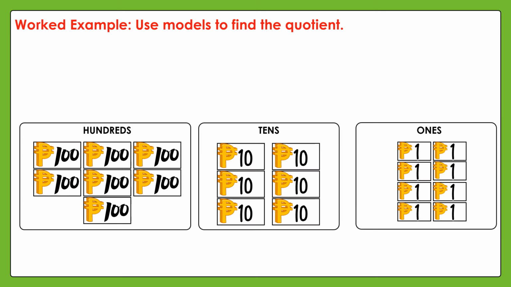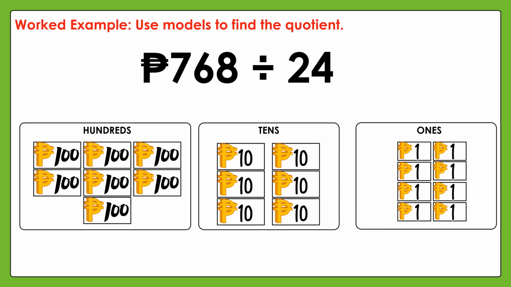Worked example: use models to find the quotient of 768 pesos divided by 24. So we have, for hundreds, we need 700 pesos: 100 pesos, 200 pesos, 300 pesos, 400 pesos, 500 pesos, 600 pesos, and 700 pesos.